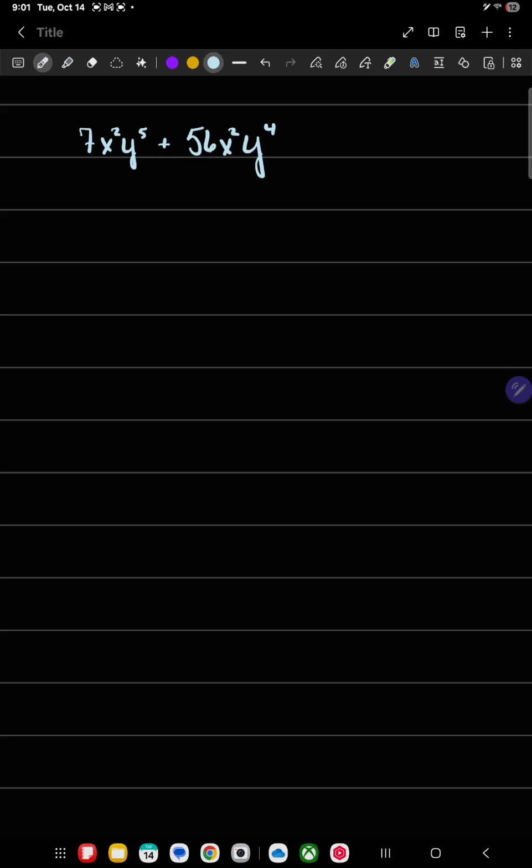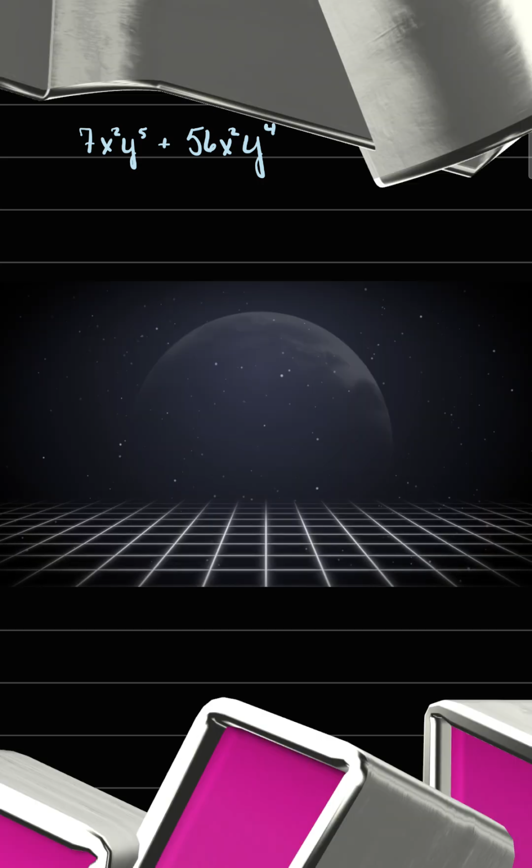All right. Now, when should we try to factor using greatest common factor? If you said sometimes, if you said sometimes, F. All right. So here we go.